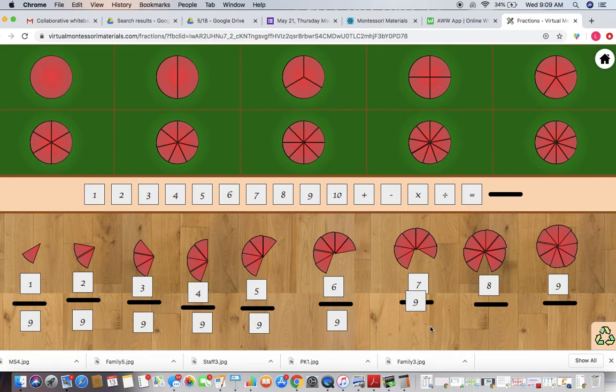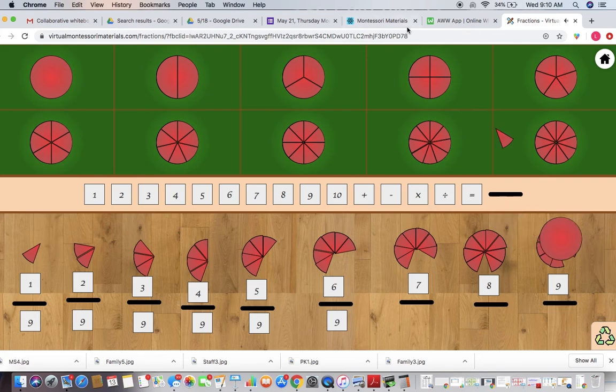This was too good to be true. Well, there's my 7 out of my 9 pieces, 8 out of my 9 pieces, 9 out of 9 pieces, which is the same as 1 whole. Which I could, if it were working very well, I would drop it right there. So it's the same as 1 whole.